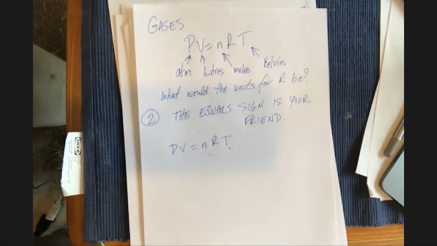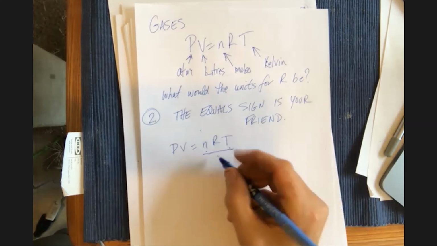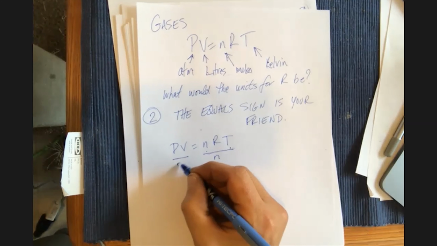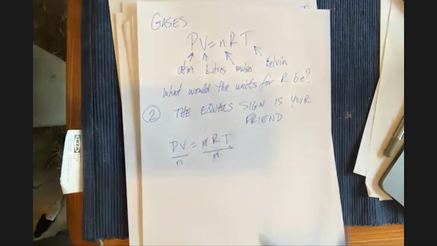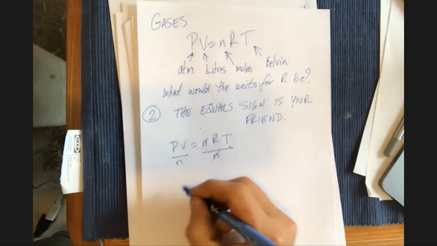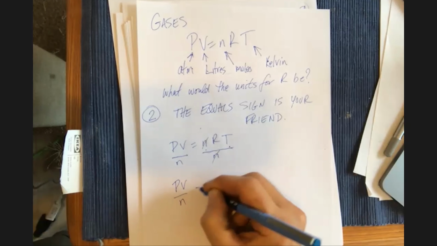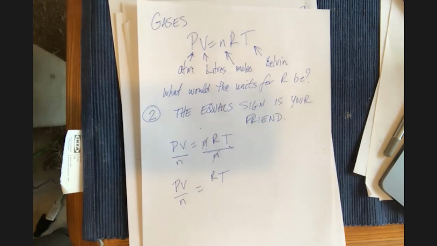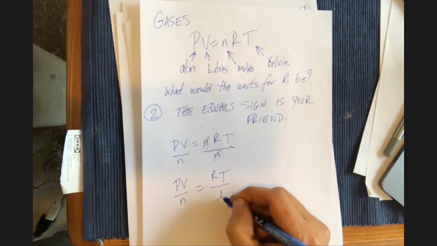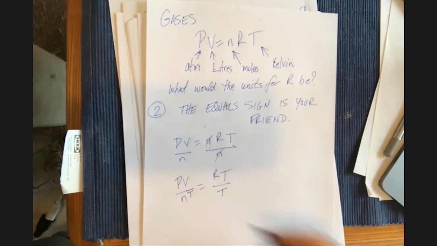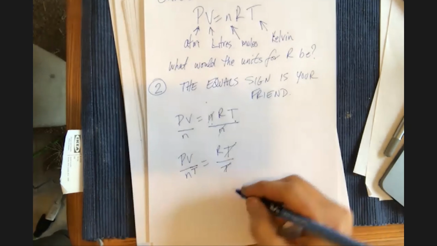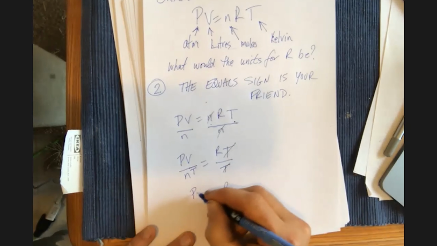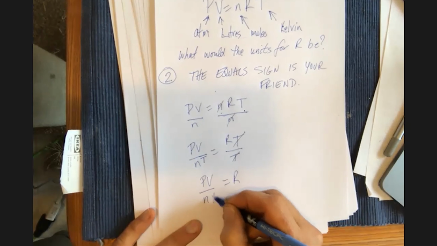I'm going to divide this side of the equation by n, and I'm going to divide this side of the equation by n. And my moles are going to cancel out. I'm going to do the same thing again. I'm going to go PV over n is equal to RT. And I'm going to divide the right-hand side by temperature, and I'm going to divide the left-hand side by temperature. My temperatures are going to cancel out, and my R is going to be equal to PV over nT.